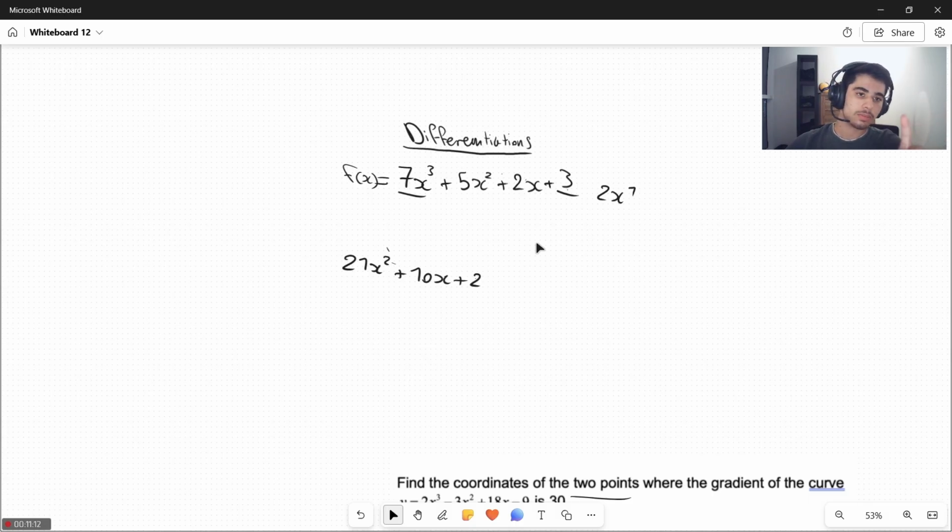Also, I forgot to mention this is usually used in word problems for rate of change, velocity, acceleration, and stuff like that. So keep an eye out for those in an exam. If you see velocity, acceleration, or rate of change, just think of differentiation.